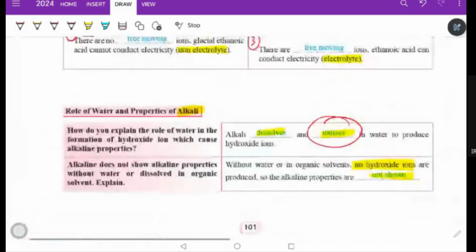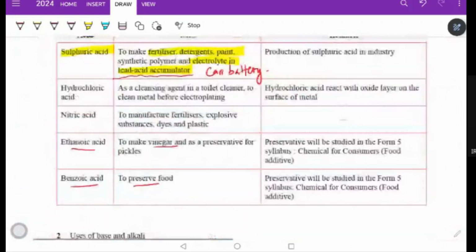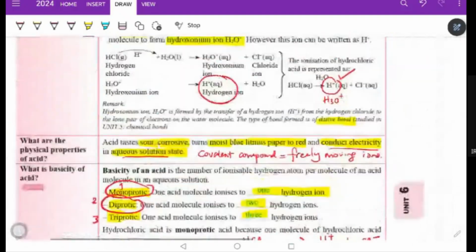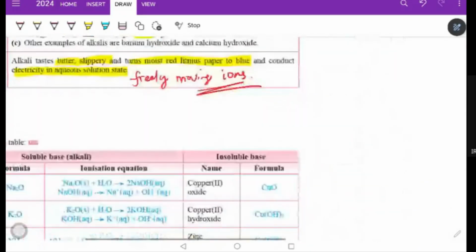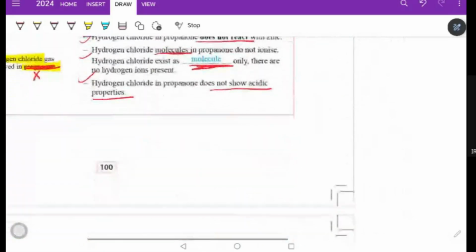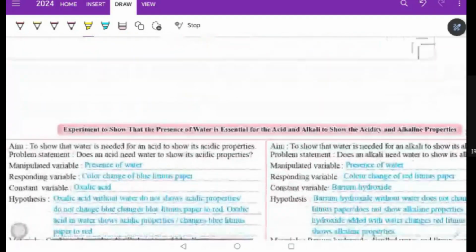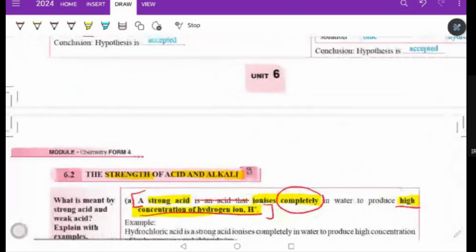Where are you, pH? Page 116, is it? 116. There is one part regarding the pH, right? Is it 116? See that?